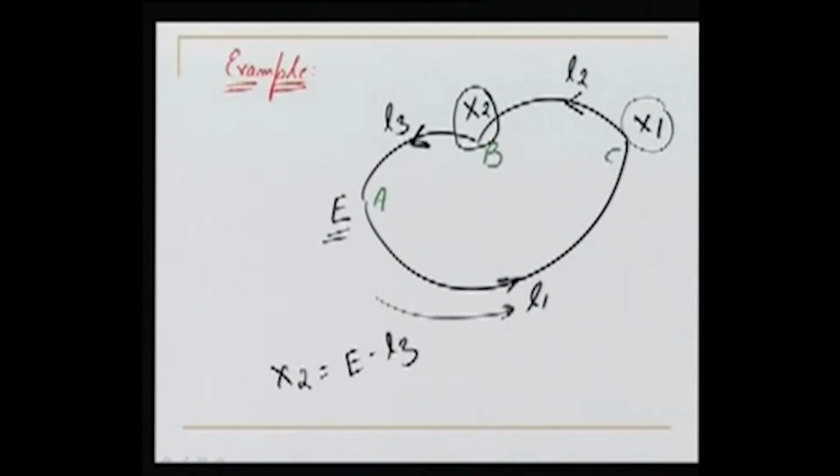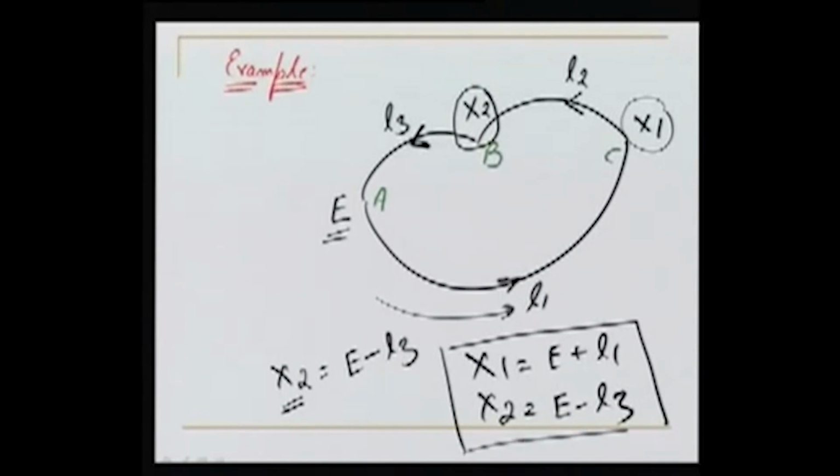So we have to just take into account the sign. That's why I am writing minus here. So x2 can be determined this way also. So x1 and x2 both are known, E plus L1 and E minus L3. Alright. So it will give me one unique solution.